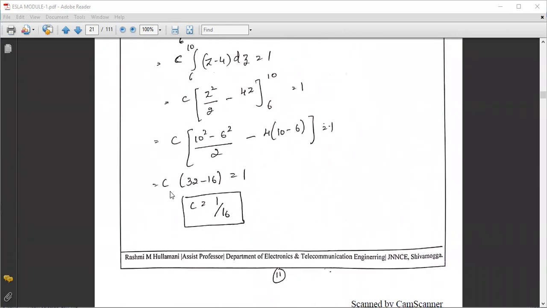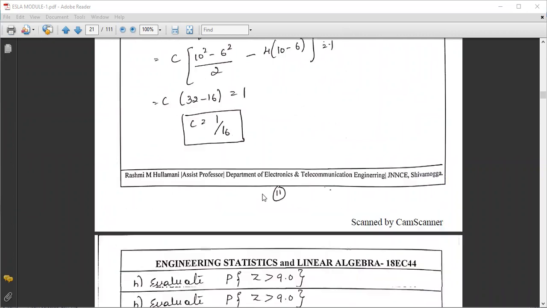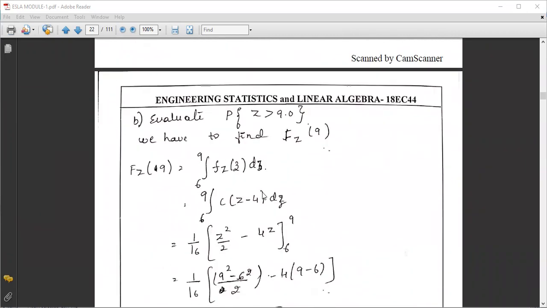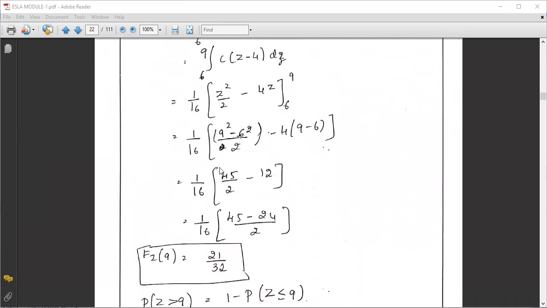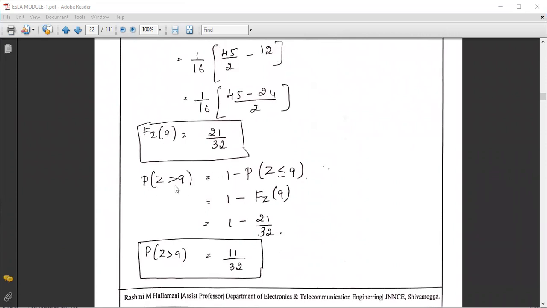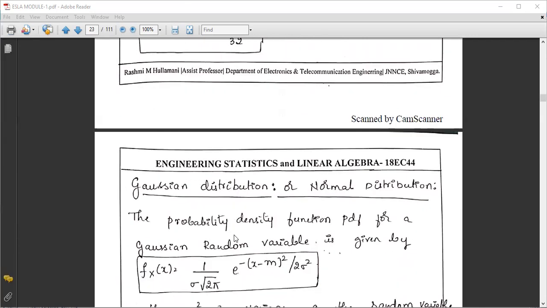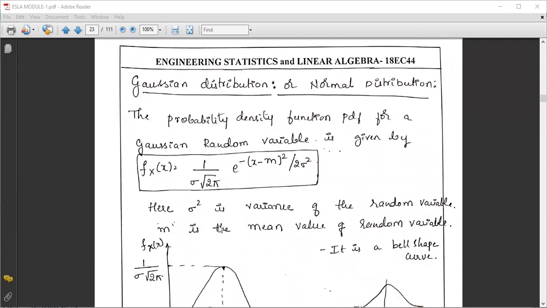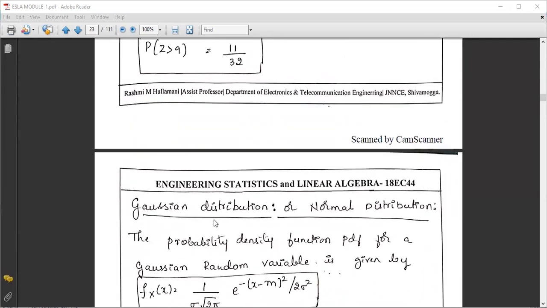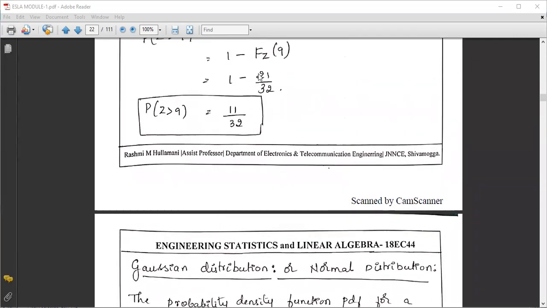First find the constant c, then find Fz of 9, and by using the complement of the probability function, we get the probability of z greater than 9 equal to 11 by 32. Understood? Next, we will continue in the next class.